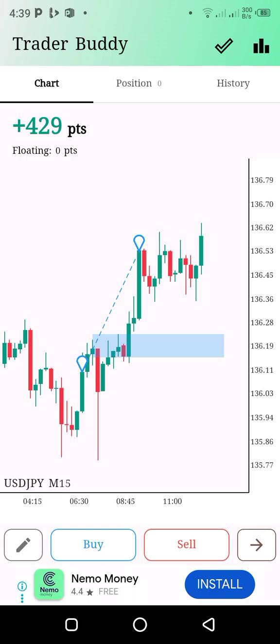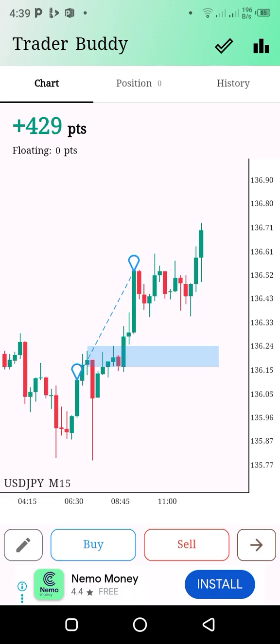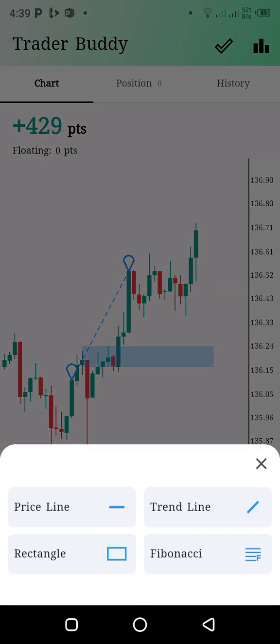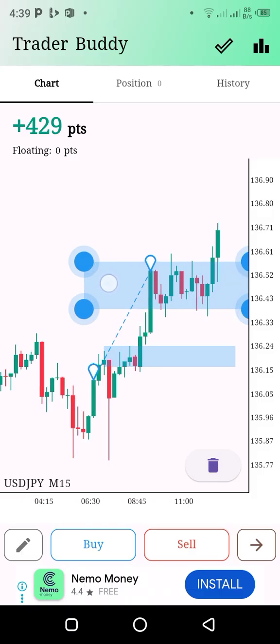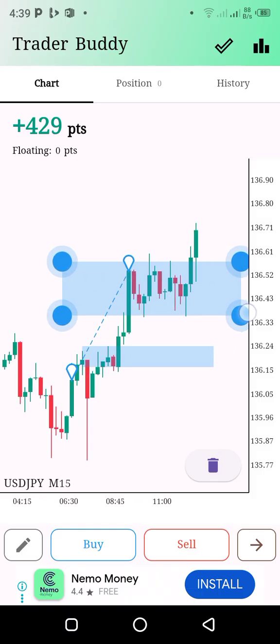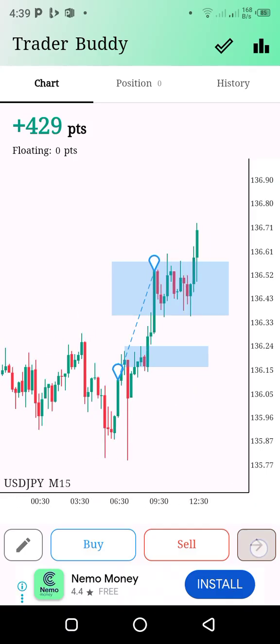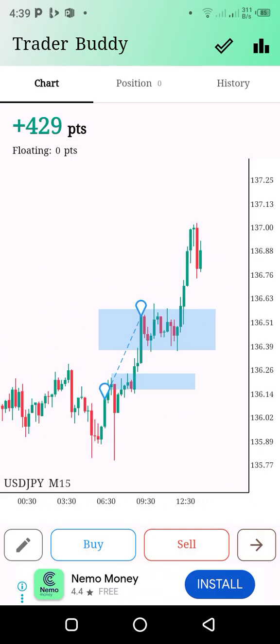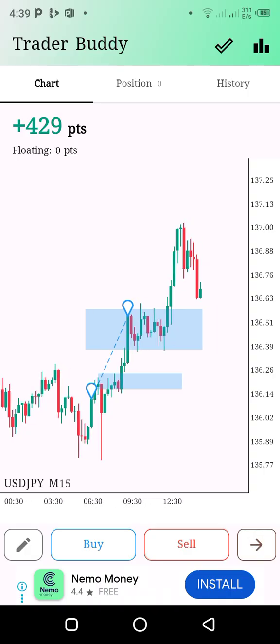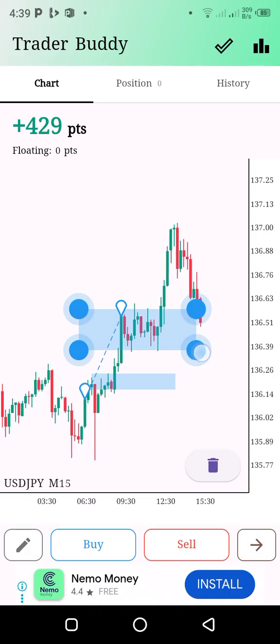Then we have another second demand, which is around here. This is our second demand. We see that price has broken to the upside, and yeah, let's wait. So this is a very strong demand, right? So price is coming to our demand.